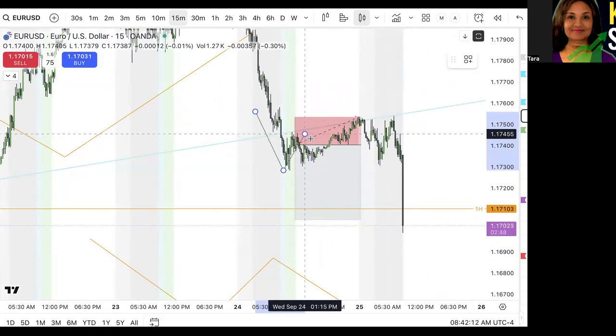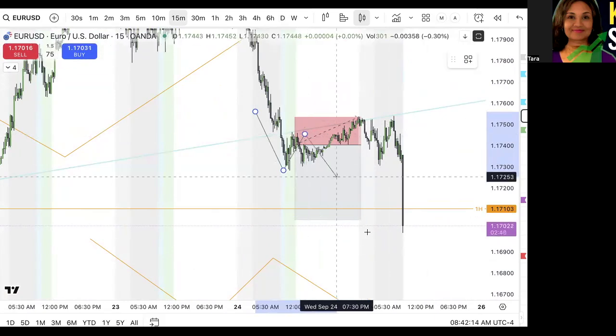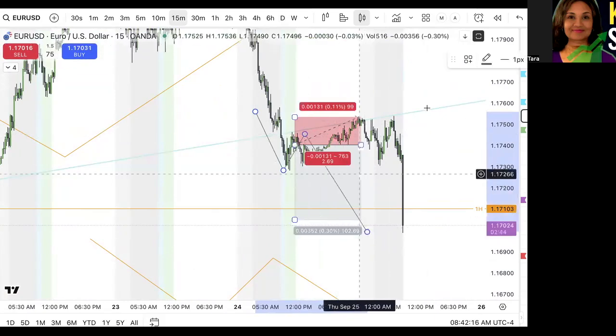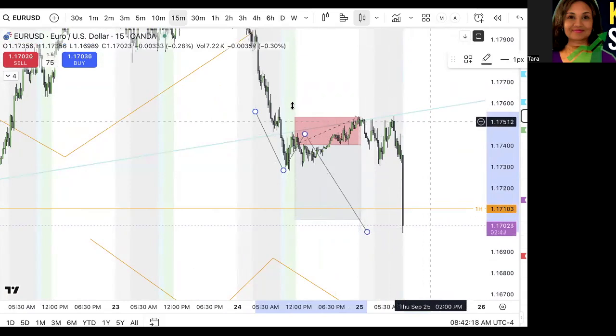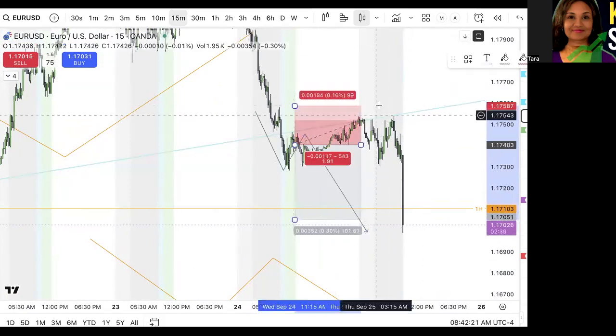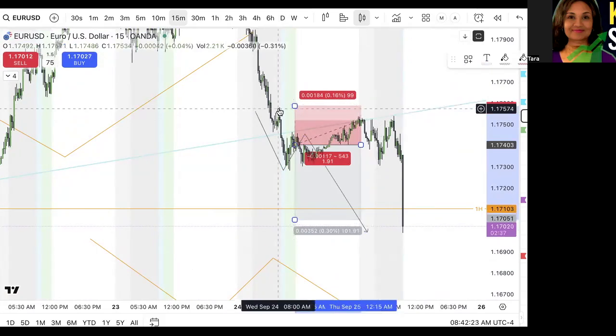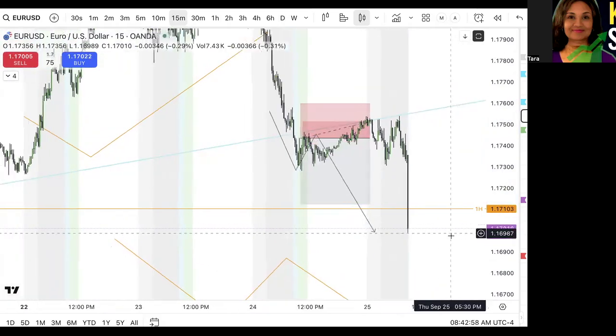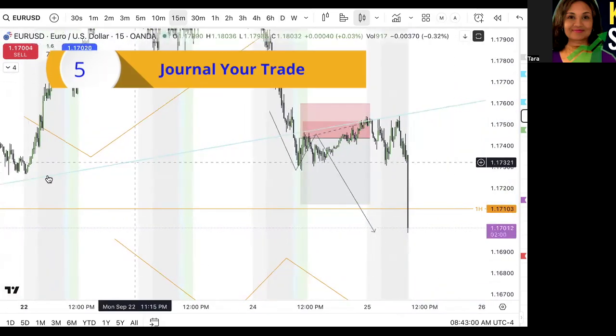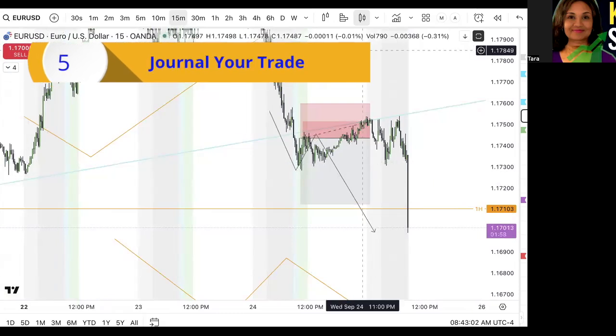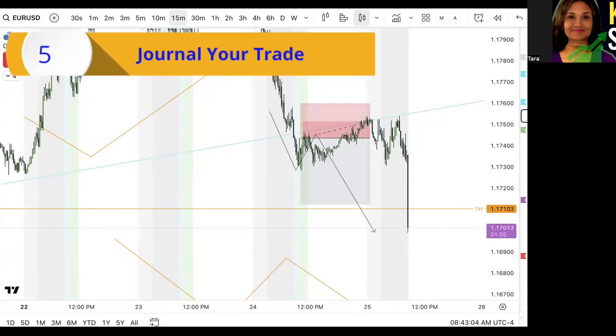And then we were expecting price to continue down. So price did go a little bit higher than we had anticipated, but we had our stops above these last highs, and so we weren't stopped out. All right, and so we'll be sure to mark this in our journals, and we can add some notes.